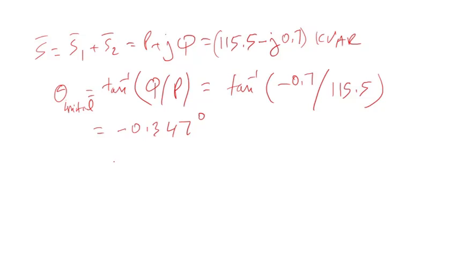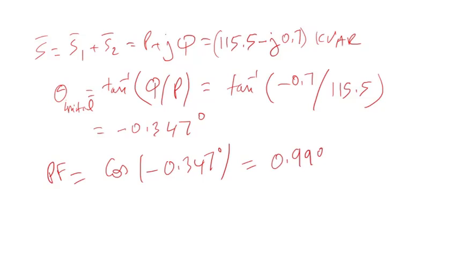And if you calculate the cosine, or the power factor, it's cosine of minus 0.347 degrees, which is cosine of negative. Negative is still the same as cosine of a positive number, which is 0.999, which is leading.